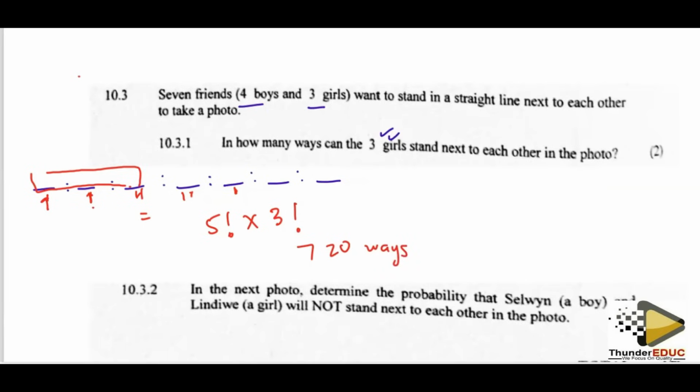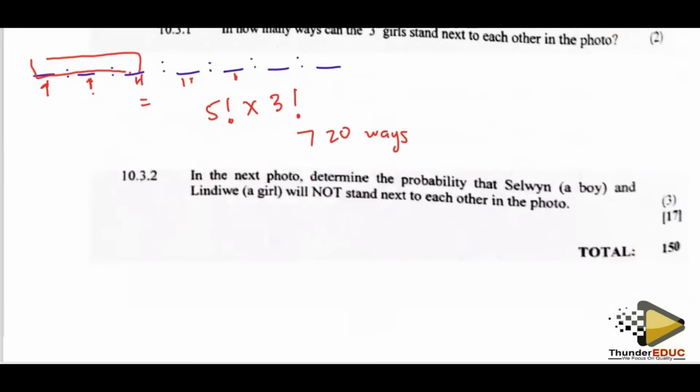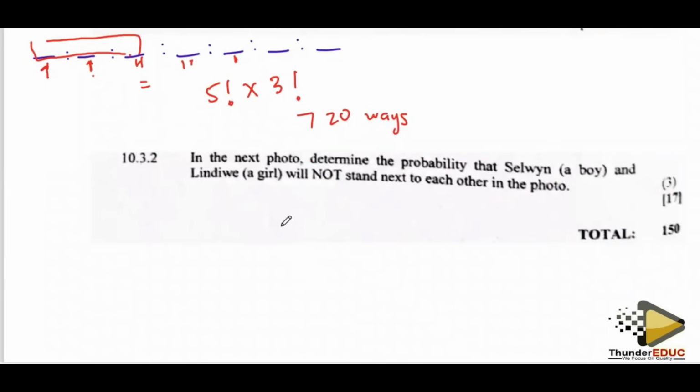Okay, and then 10.3.2, they're telling us that in the next photo, we want to determine the probability that this boy and this girl will not stand next to each other.